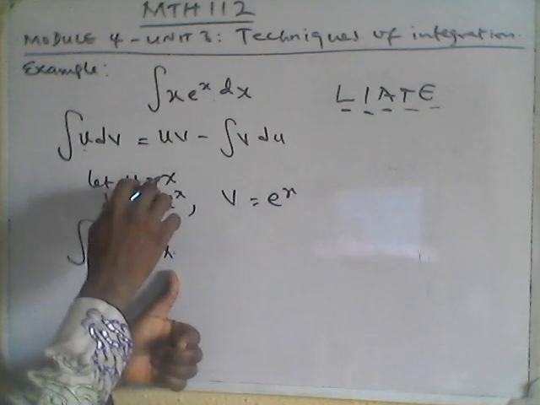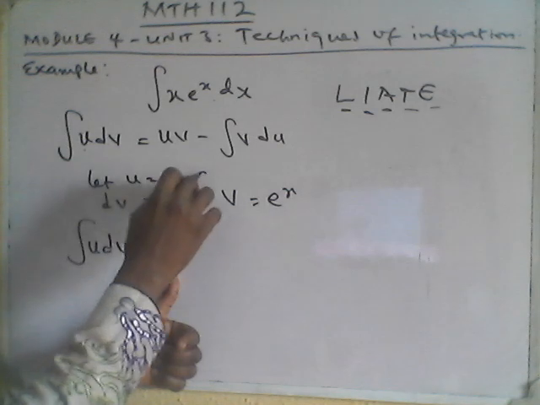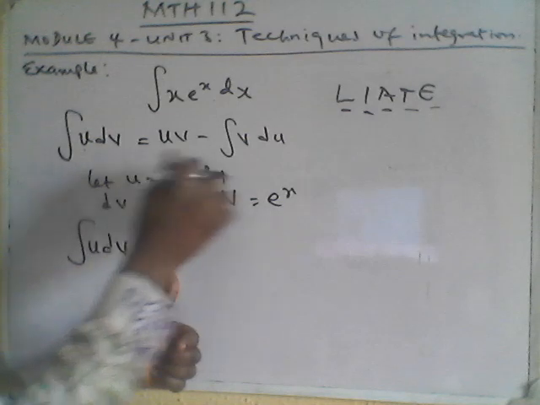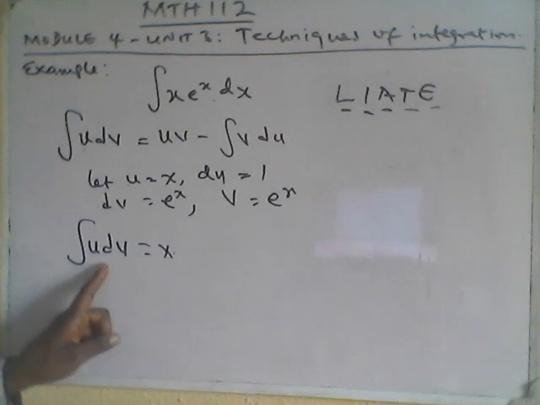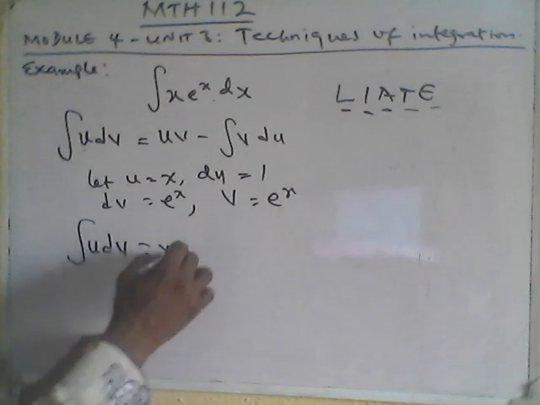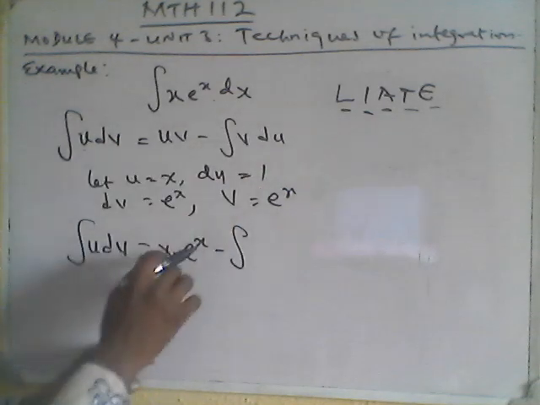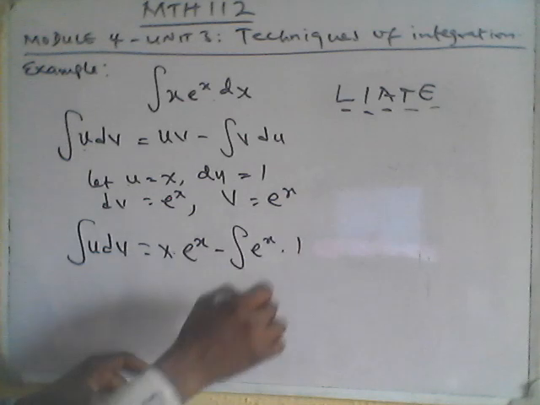And du, I differentiate x, and du is 1. You understand? Okay, so I continue. So u is x, then v is exponential x, minus the integral of v du, where v is exponential x and du is 1, right?